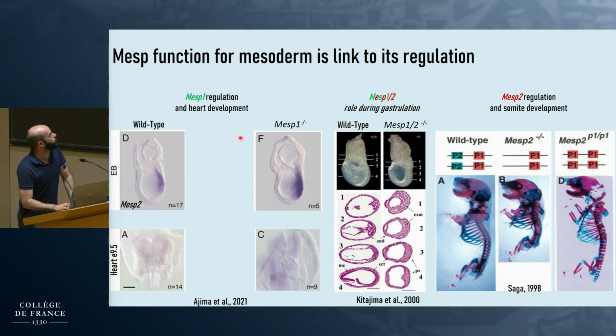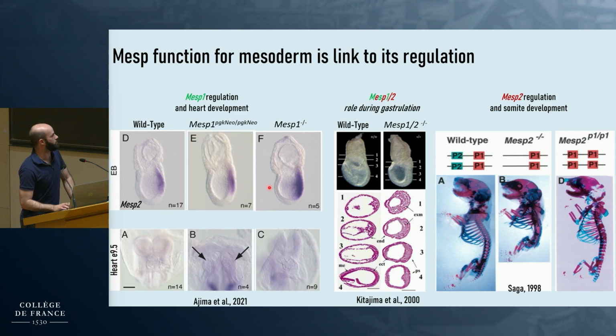And similarly, when you do a knockout for MESP1, it's not as easy to see in those bright field images unless you are a heart development expert, but there is barely any phenotype in cardiac development here. But you can see that MESP2 gets upregulated slightly early during gastrulation.